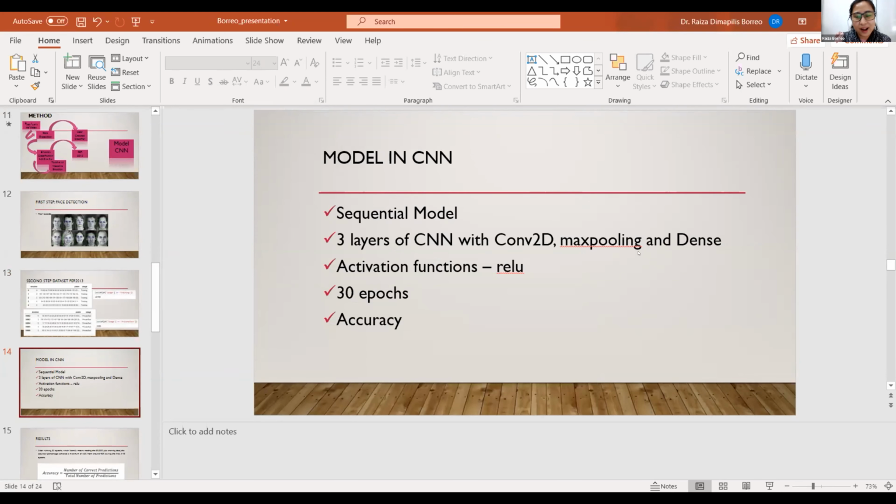Now let's go on to the deepest part of this research study, which is building the model in a convolutional neural network. This model was based on a sequential manner. There are 3 layers of convolutional neural network that were created, made of Conv2D, max pooling, and dense.